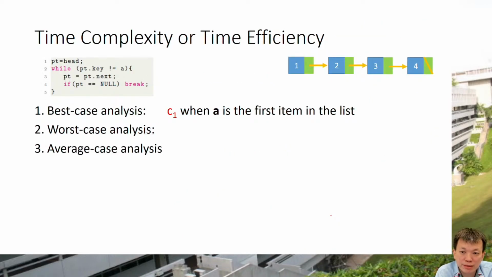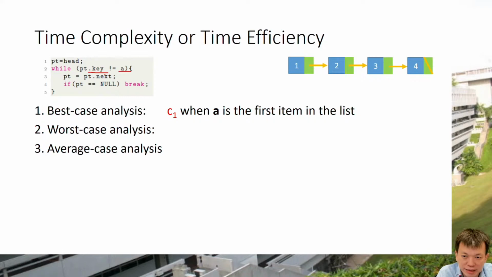So for example, this one, after we combine the while loop and the if-else statement. This is the typical one you have in the first part, the linked list. Let's say I have a linked list, 1, 2, 3, 4, and I'm trying to search whether the key is equal to A or not.